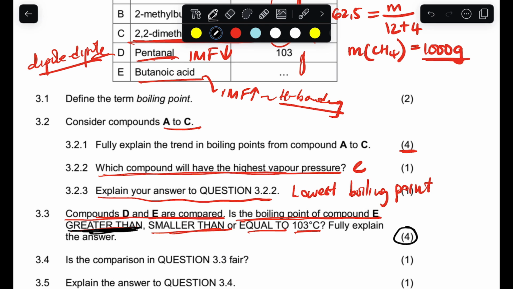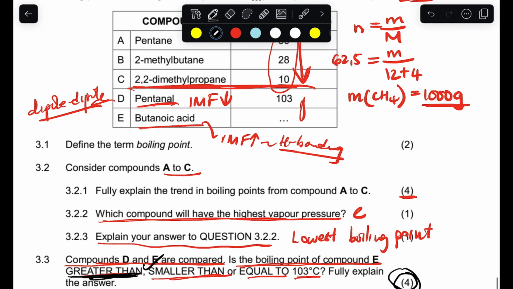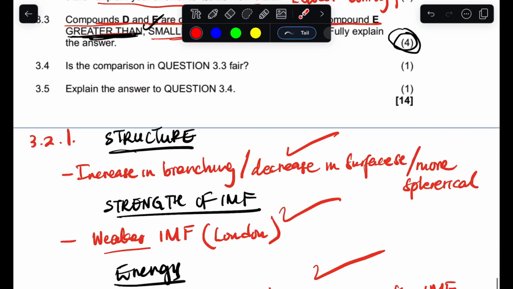Now we have 1 mark for that and 3 marks to explain that. That means you need 3 points for that, right? So we're comparing those two. So guys, if you compare the compounds of different homologous series, you need to state their intermolecular force.